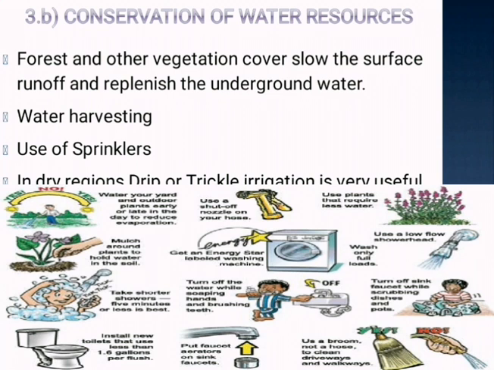So, in order to preserve all these things, we need to increase our water resources through water harvesting methods, and by using sprinklers, drip irrigation or trickle irrigation, we need to control our water wastage. Through that, we can increase and preserve the water resources.